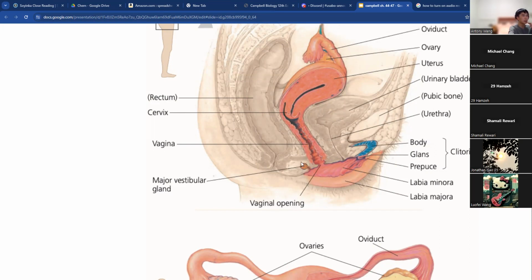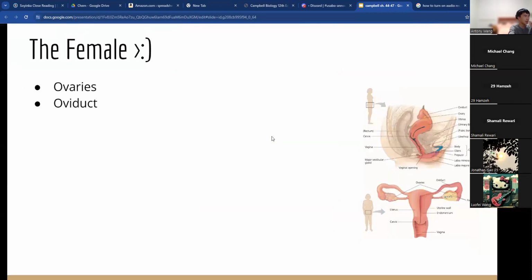You have the vaginal opening, and the clitoris is a very similar structure to the male penis. It has erectile tissue, it has the glands, it has the body. Okay, I think that's enough of this.